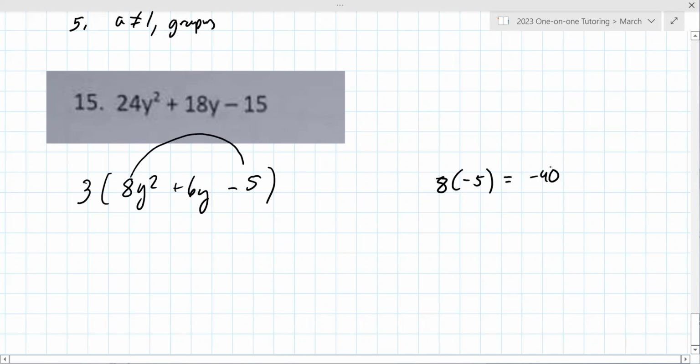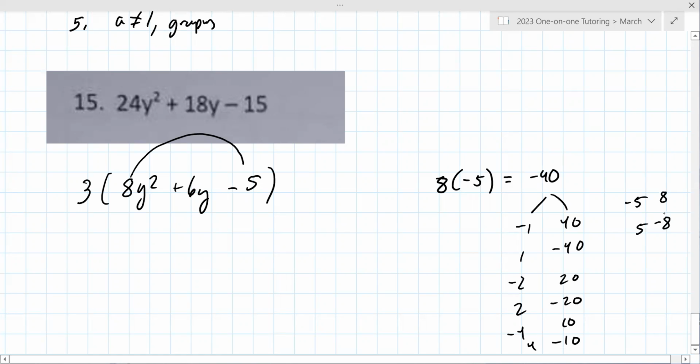So you're looking for 2 numbers that multiply to minus 40, but add up to 6. Again, there's no way to know until you do this. You want to be careful and complete about this list. Let's see here, -5 and 8, 5 and -8.